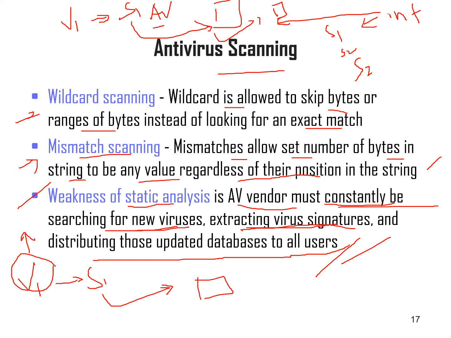On the host machine, the scan engine will scan all the files present in the system, and if any infection is present, based upon the signature, I am going to remove or quarantine that infectious file. This is happening in the static analysis of host AV. This is also a weakness: I have to find a new virus every time. If I miss any virus, that will lead to a very big problem in the system.